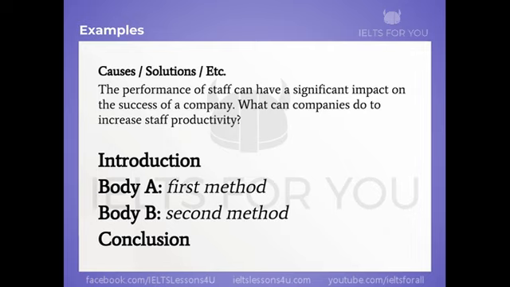And just like the earlier example, if you have 3 methods you want to mention, that's totally fine. I recommend putting the second and third in body B, and body A should be focused on the one biggest factor or one biggest method that companies can use. And again, you'll learn more about how to organize those body paragraphs in Lesson 2.